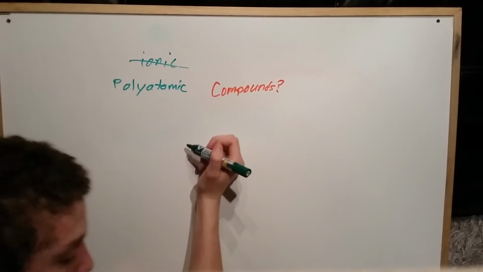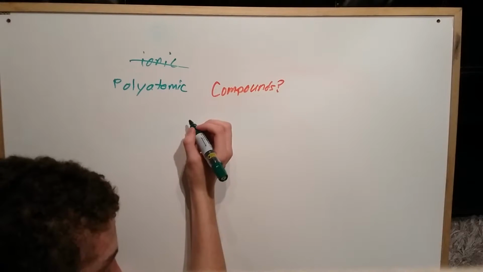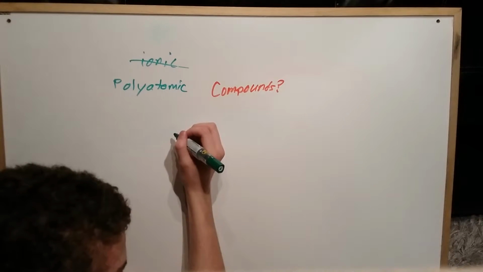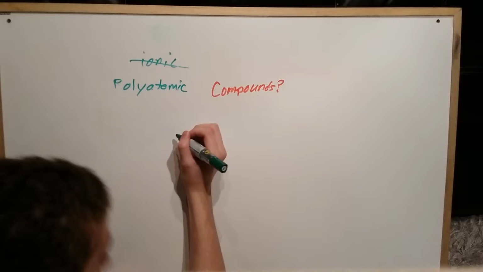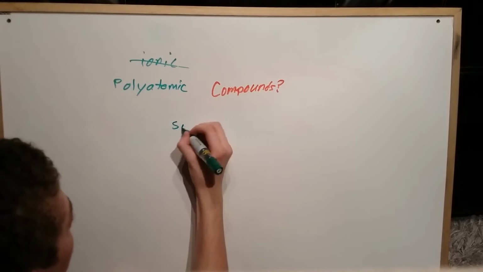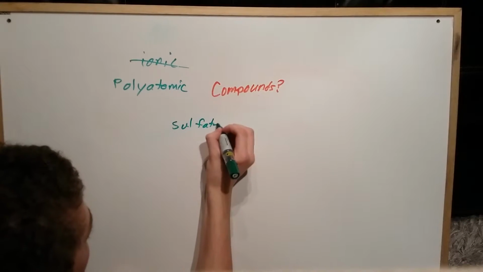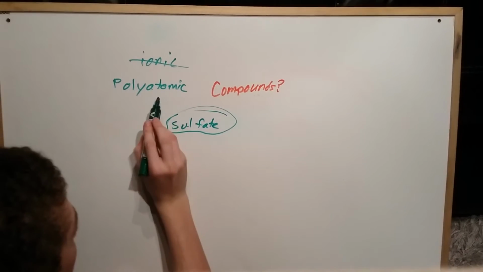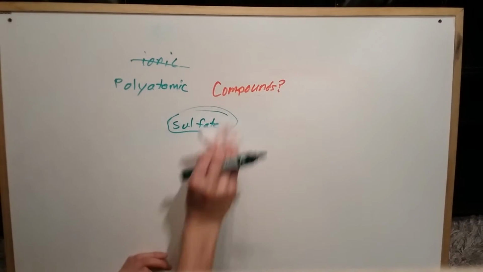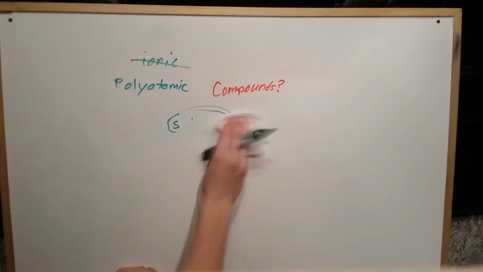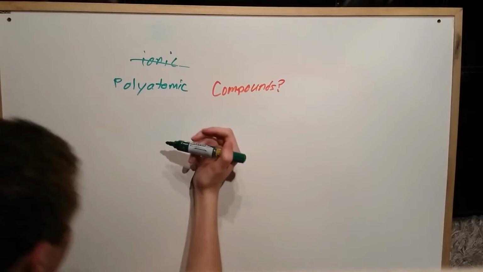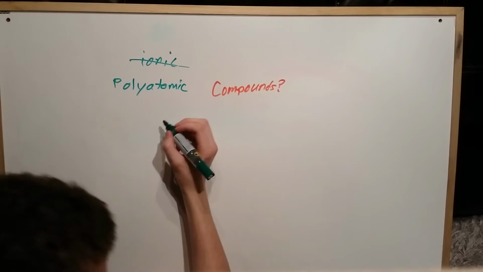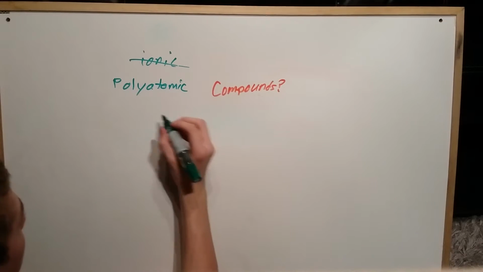So last one. As I said before, I'm going to do sulfate. SULFATE. This is one of the more commonly used polyatomic compounds, so you'll probably, by the end of this, memorize it, or hopefully. We're going to start with calcium.